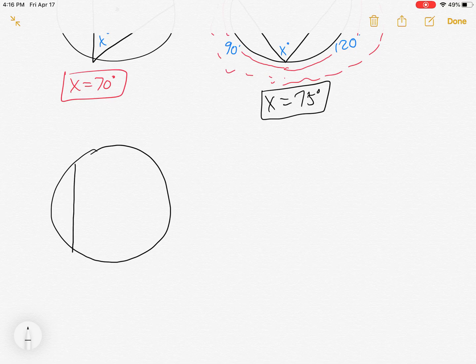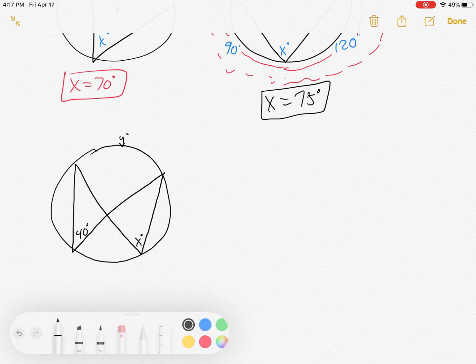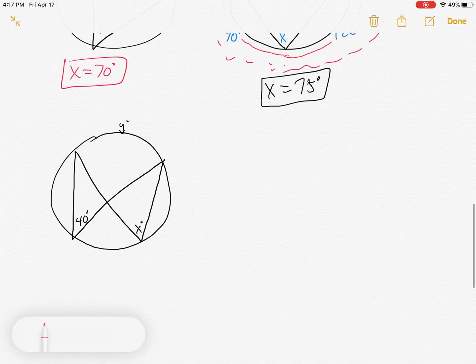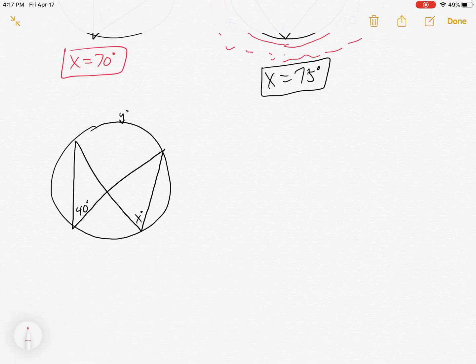Two more. This one, I have this kind of interesting setup here. This is 40 degrees. This is Y. And this is X. Well, there's a couple ways you can do this one.